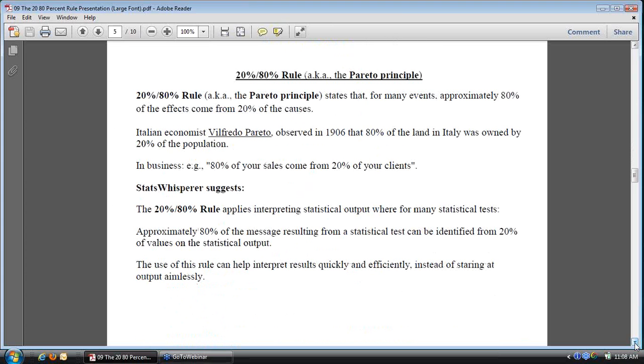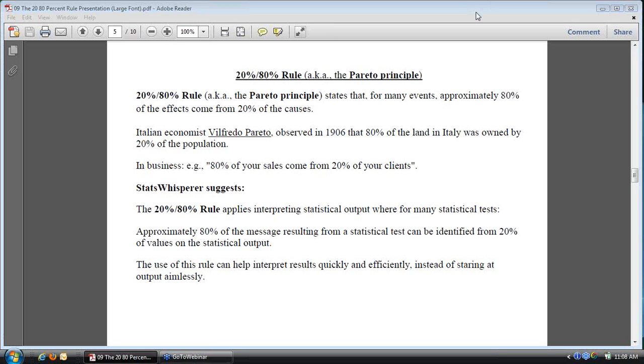So just exactly what is the 20-80% rule, also known as the Pareto principle? The 20-80% rule states that for many events, approximately 80% of the effects come from 20% of the causes.